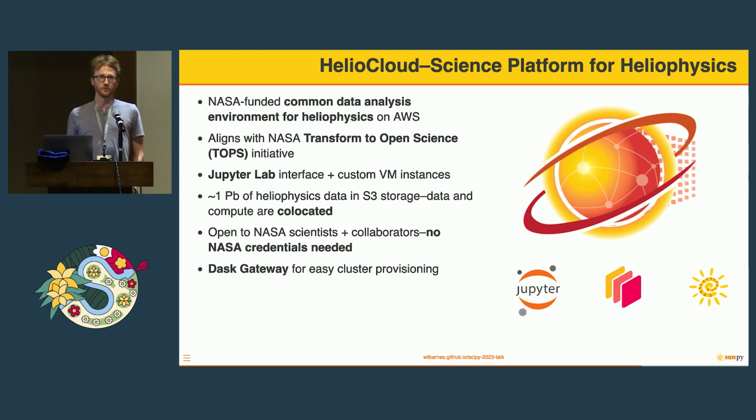HelioCloud is essentially a JupyterLab interface running on AWS with a bunch of data, just like the ones I've been showing, right next to it. This means we've eliminated the need to download these 22,000 files to your computer. They're now just sitting right next to your Jupyter notebook, and you can use tools like Dask, plus the tools that astronomers and solar physicists are used to using, like SunPy and SciPy, to do this analysis.